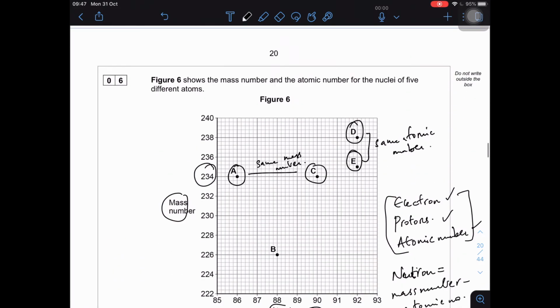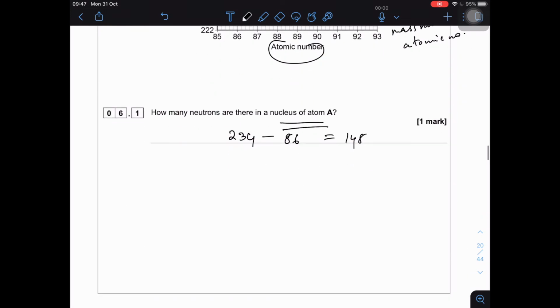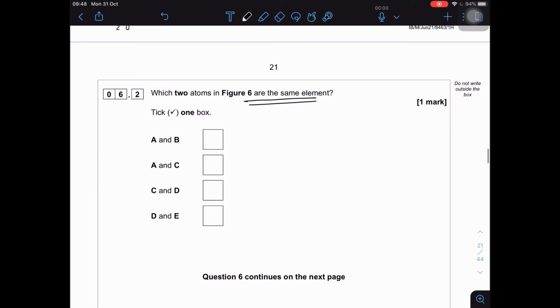So the answer is D and E. If you are confused, look back at the definition of an isotope.